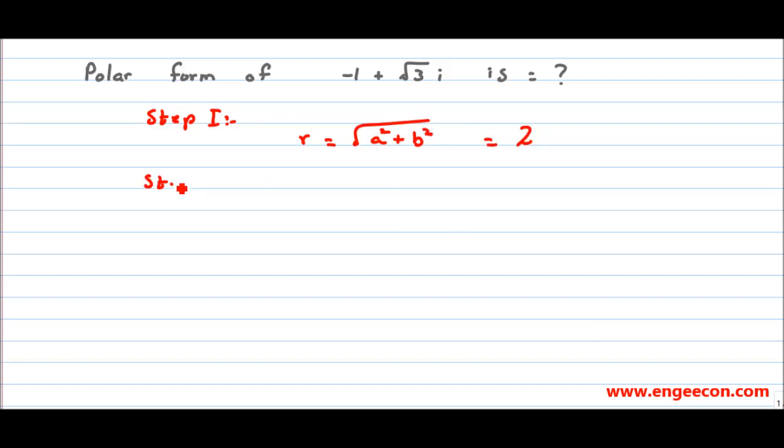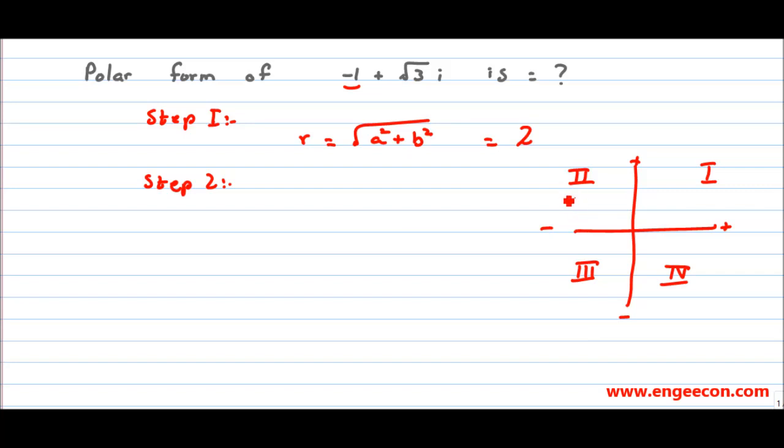Then step number 2 is to find out the quadrant, as we have first, second, third and fourth, plus plus, minus minus. Here we have x as minus and y as plus. This is in the second quadrant.